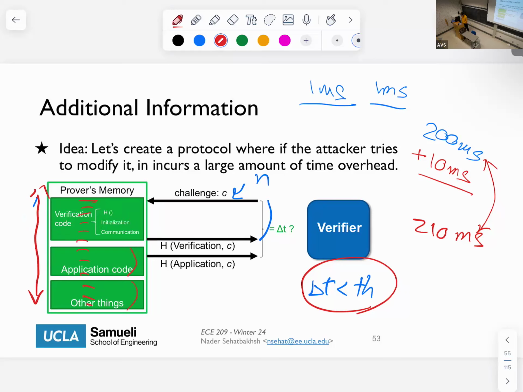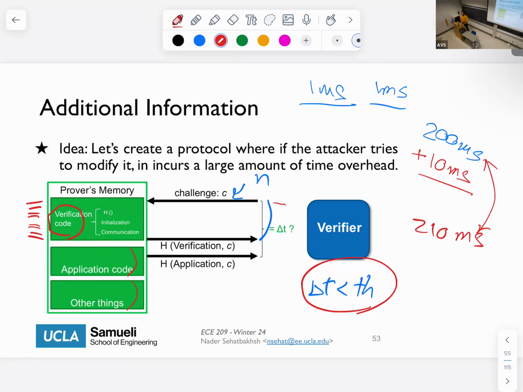It may not be as easy as we think it is. So instead, what we can do is this. If I send a hash request, I'm going to execute this verification code, this part of the memory, okay? So I'm going to compute the hash over my own content of memory.